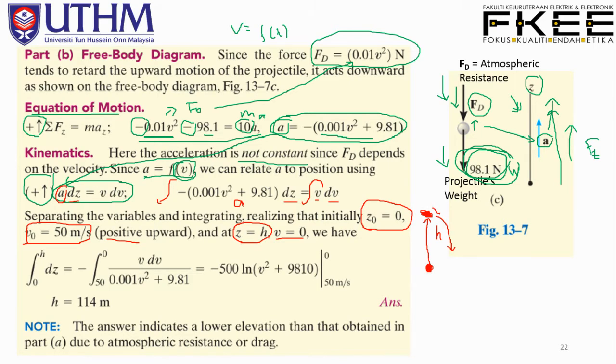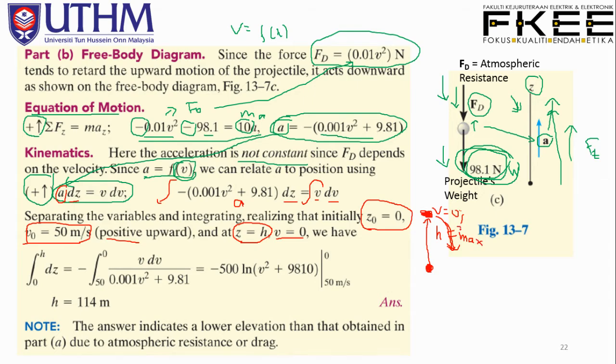So this is surely v equal to 0, so no speed at all. That's why the projectile starts to fall down. Okay, it stopped, the velocity at h equal to maximum.